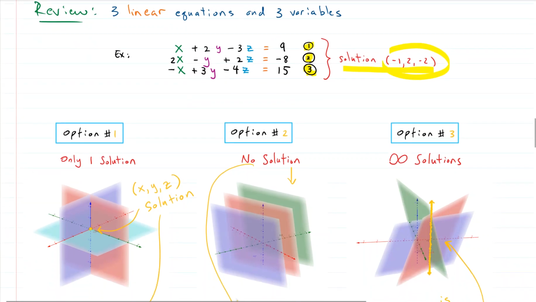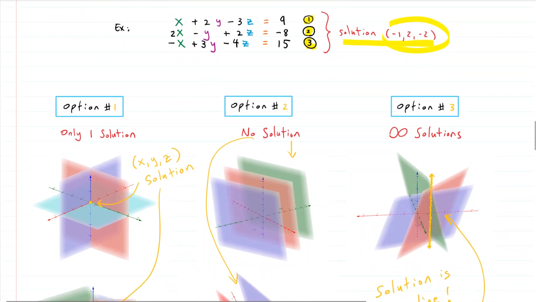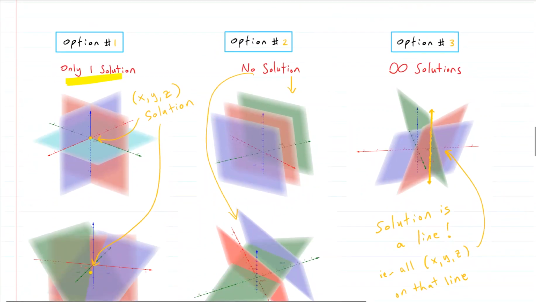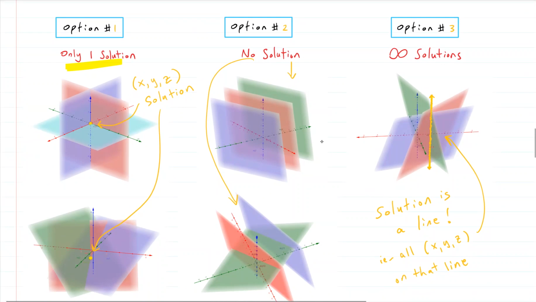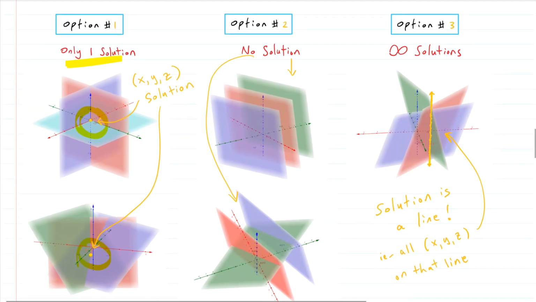Since we're in three-dimensional space and we have three variables, you have to think of these as planes. So you've got three planes in three space, and you could have one solution, where all three planes touch at one specific spot, only one x, y, z coordinate.